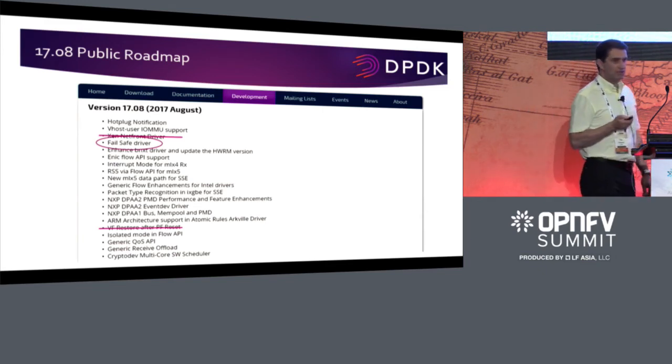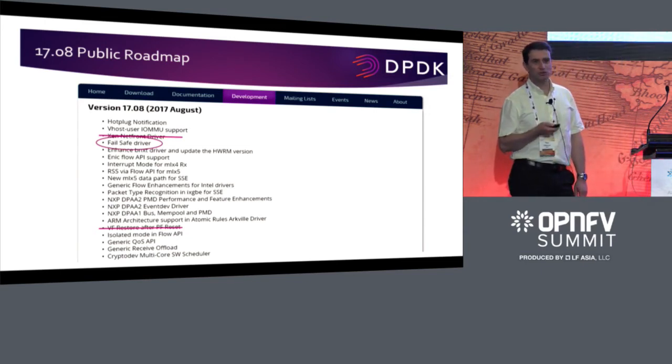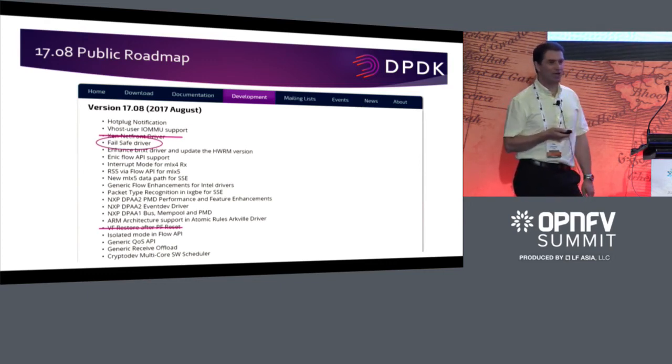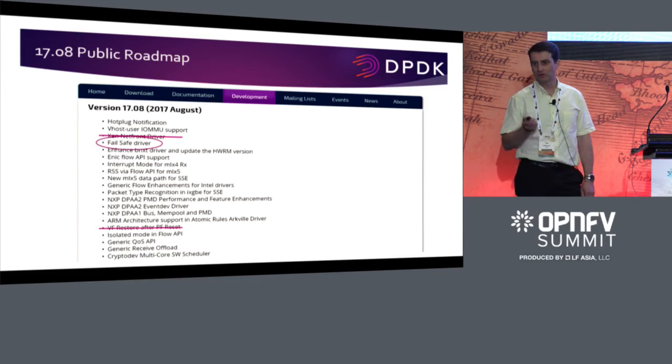So that's 1708. Looking beyond that, the question that we always get asked is, what's your roadmap beyond that? The question I always ask in return is, what do you want to see there? So what I didn't do was draw a roadmap as such. The next slide or two are just a couple of bullet points on things that we're considering for subsequent releases at the end of this year and early part of next year.